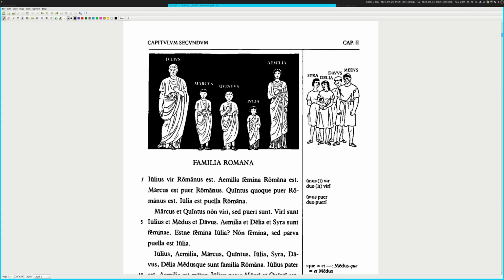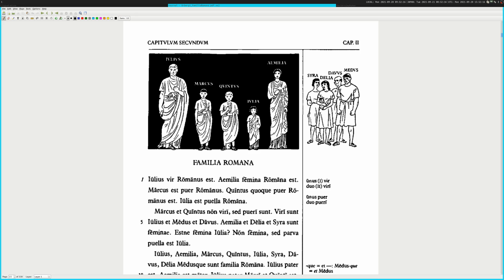Okay. Julius is the father. Vir Romanus est. So I think vir means man. Aemilia is a Roman woman. Marcus, as the little boy, is the oldest, est puer Romanus.